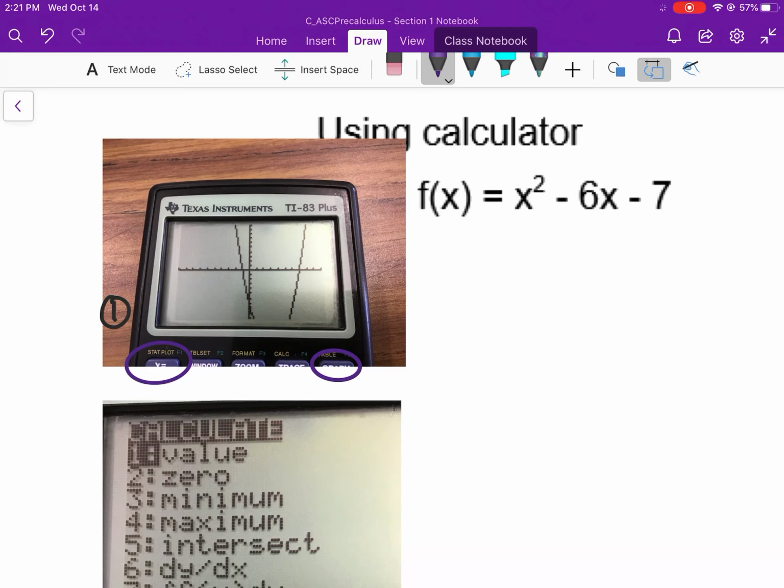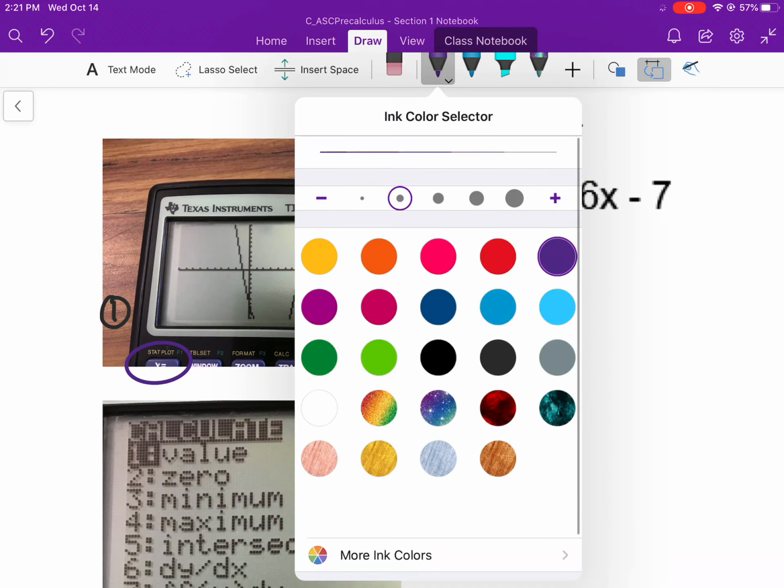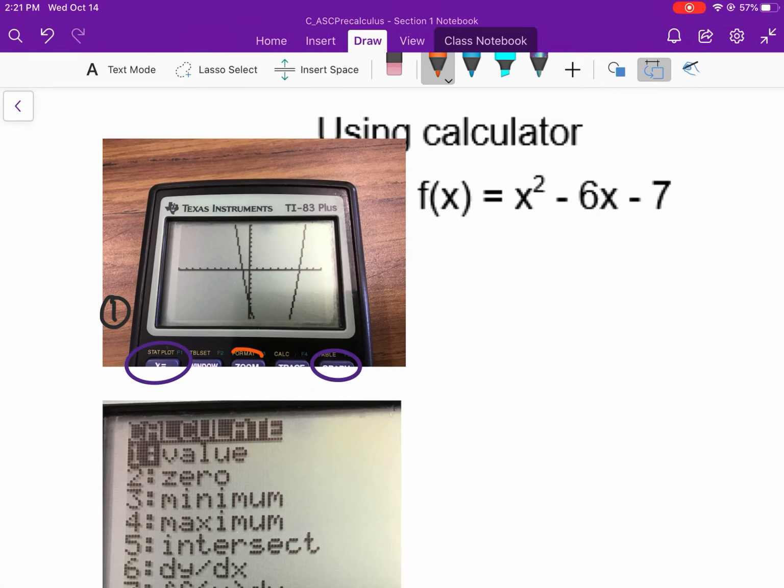If your screen is messed up, right here in the middle is the zoom. If you go to zoom, choice number 6 is standard, and that would make it 10 by 10. Each of these little marks on my graph, 1, 2, 3, 4, those are all ones.